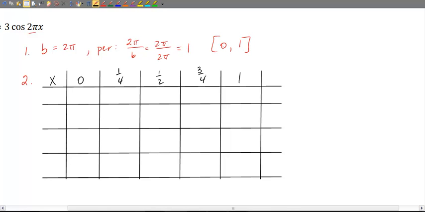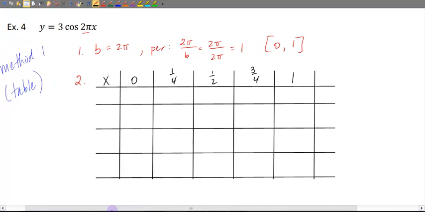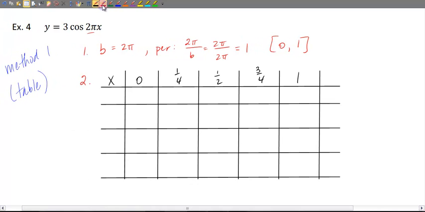The next step in this table is to look at my function, and we are going to take the 2 pi x, and we're going to evaluate this portion right here for each of these x values.